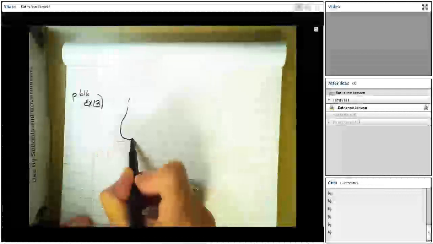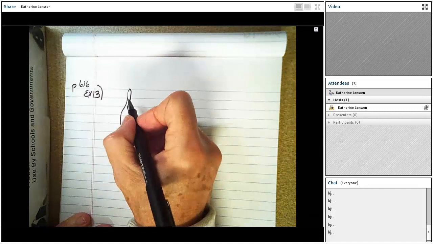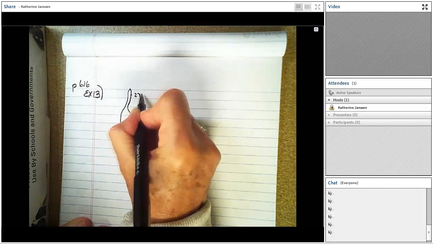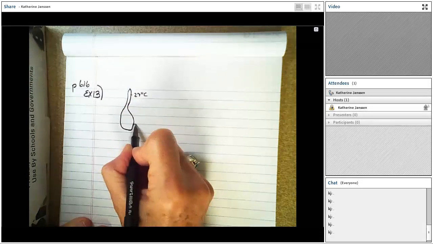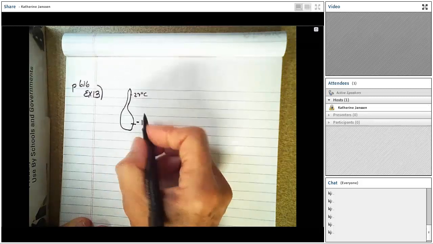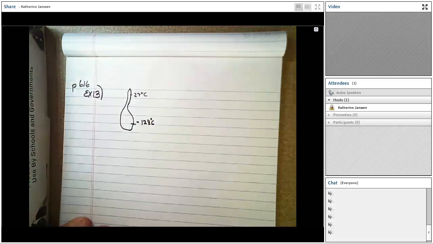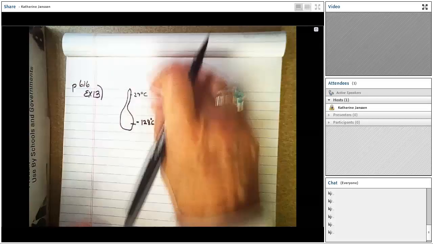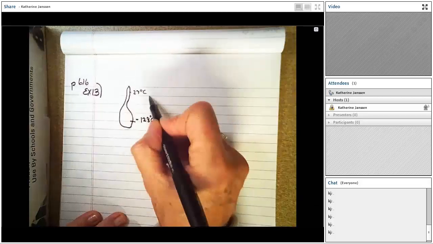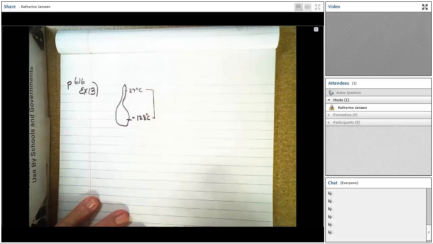When we're working with story problems, we like to label. I'm going to label my 27 degrees Celsius, and then I'll label a negative 128 Celsius. So I'm looking for the range, the difference between those two temperatures.